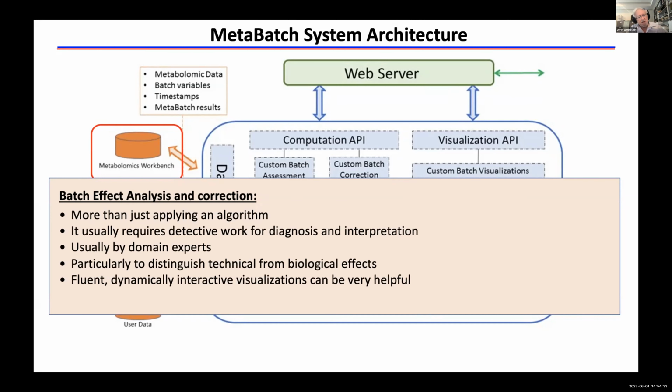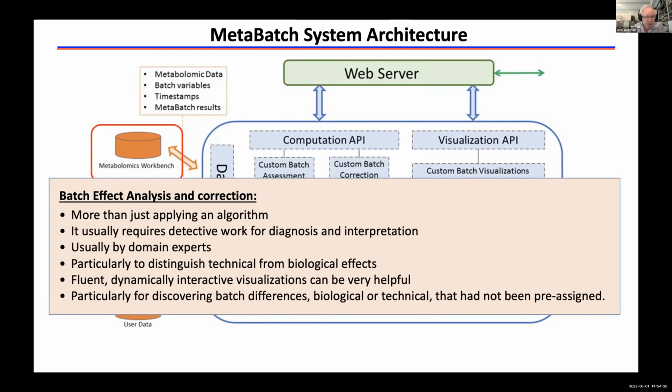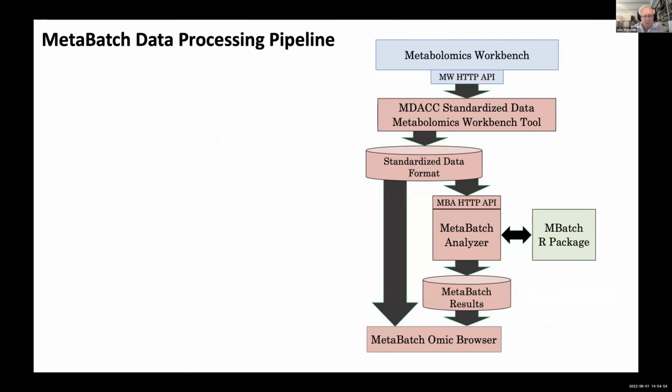So that's going to be a theme in what I describe, particularly for discovering batch differences, biological or technical, that had not been pre-assigned. The tools that I'll be describing do that, even if one has not been prescient enough to define the batches that are most at fault.